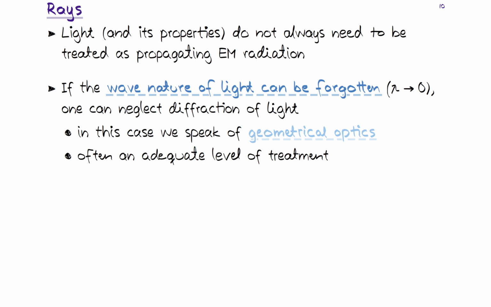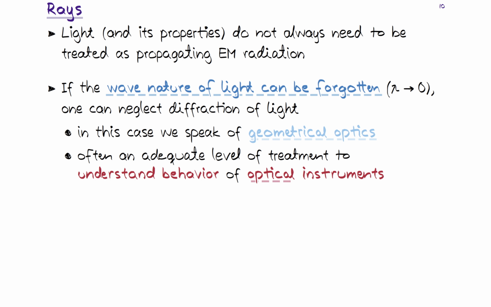Most of the time when we're thinking of optical instrumentation, for example how a spectrometer, binoculars or a telescope work, how lenses behave, we can understand the behavior of these optical components or instruments even using this description. And we'll be learning more about this in the final chapter on geometrical optics.